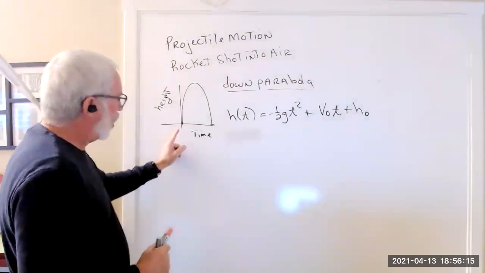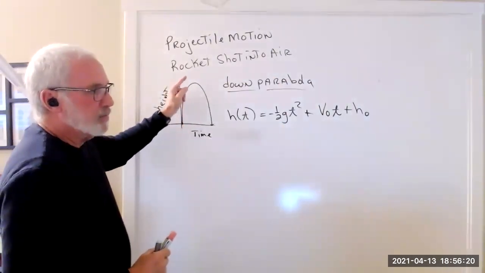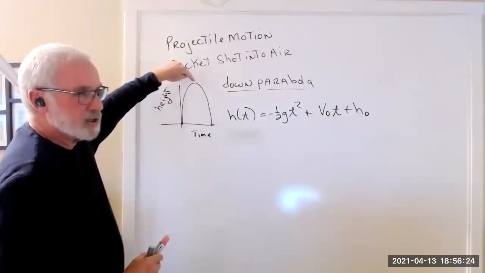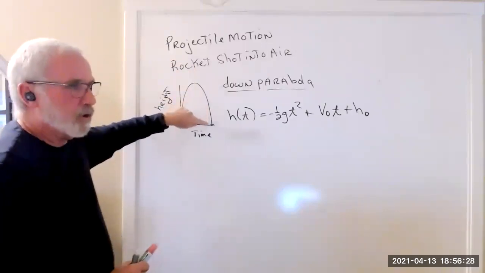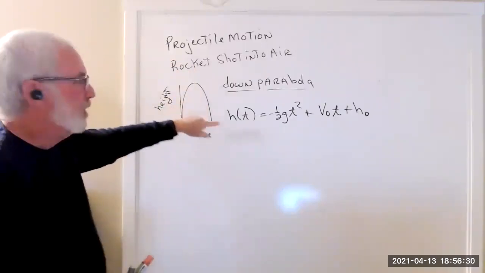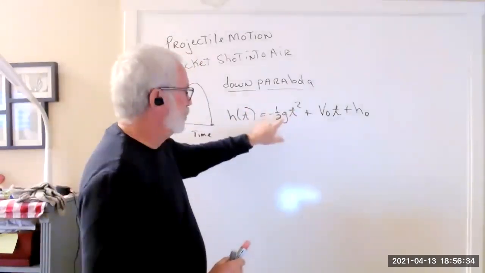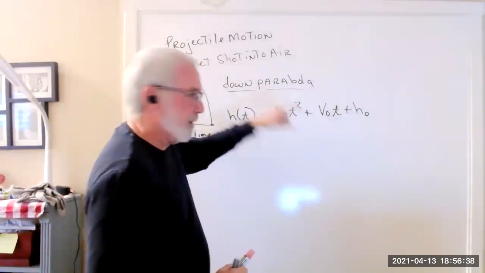No matter how hard you shoot the rocket up into the air, it goes up, but eventually gravity stops it, slows it down, stops it, and then brings it back to the ground. Almost always gravity wins. So this first term is the gravity term. That's what G stood for. Okay, times t squared, which is time.